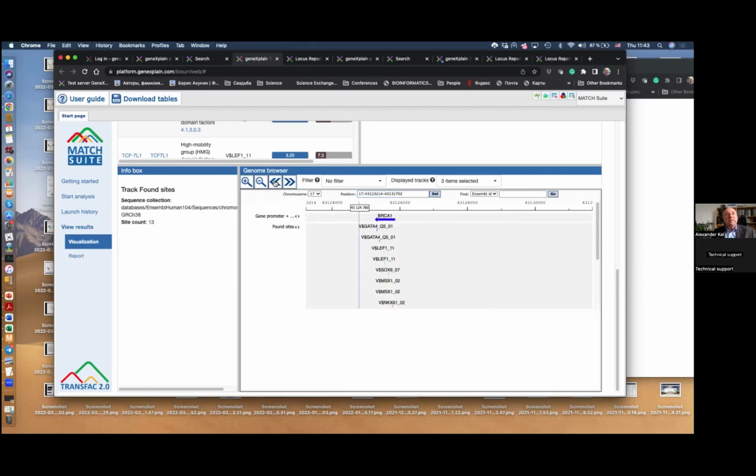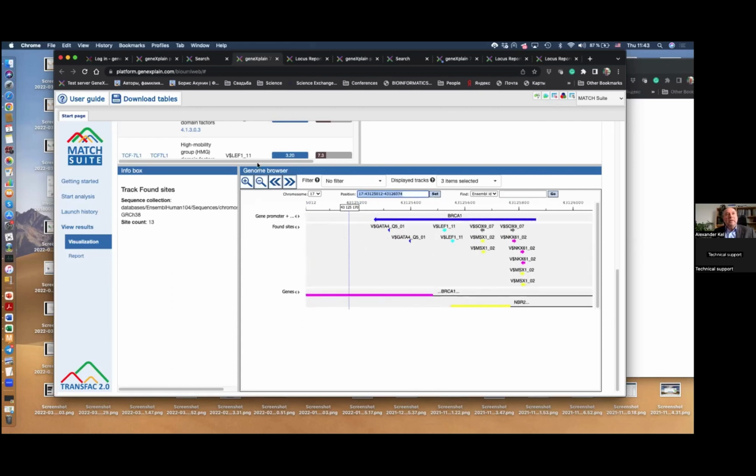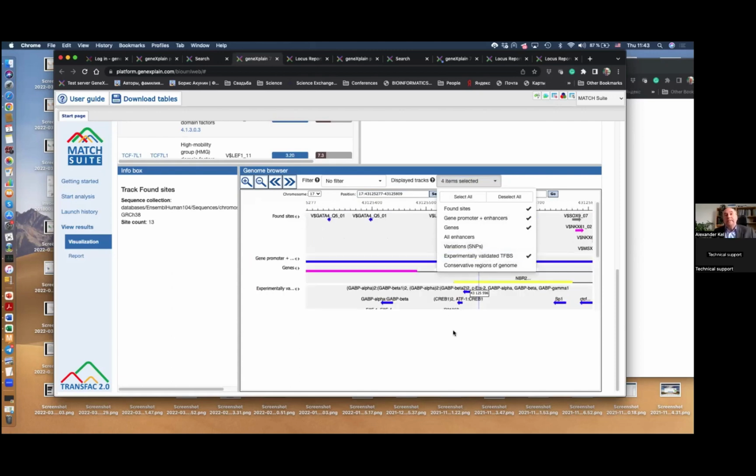So we will focus now on that region. I will zoom in a bit to see those sites better. What else can you do here? You can place some available information. For instance, you can put experimentally known binding sites.